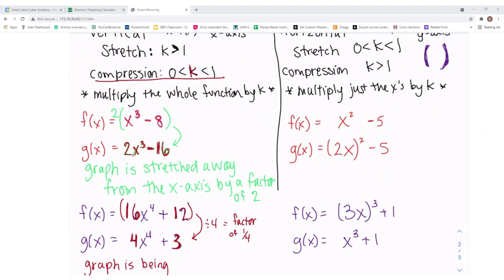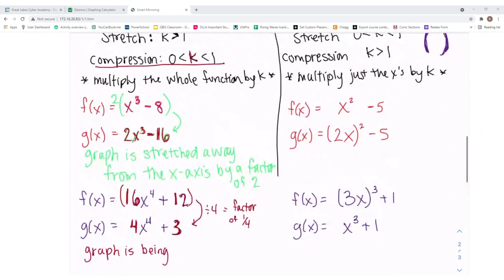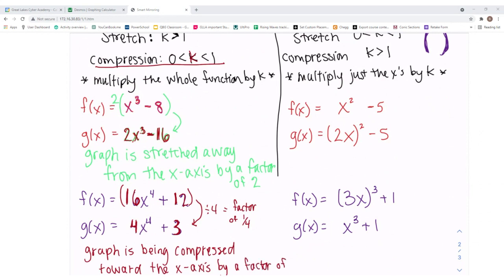Compressed toward the x-axis by a factor of 1/4. Being compressed toward the x-axis by a factor of 1/4.